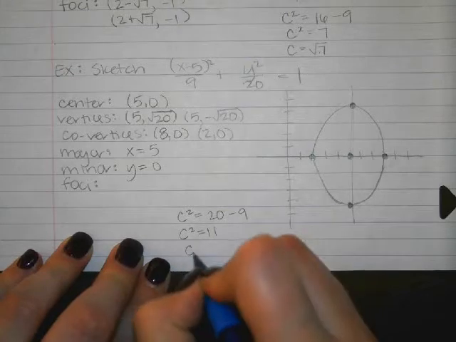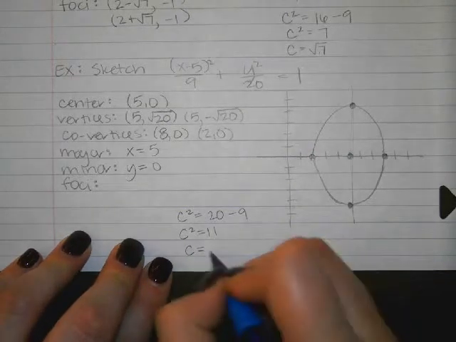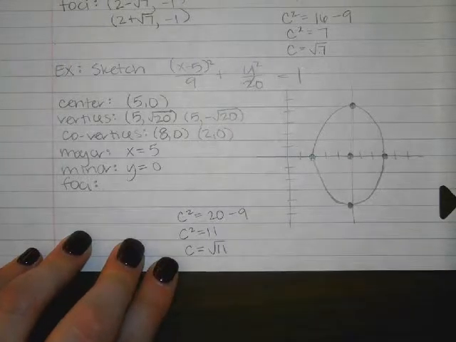So that means that C is square root of 11. And then, since we know that the major axis goes up and down, that means that each focus goes up and down. So we're going to start at the center and go up square root 11, and then start at the center and go down square root 11. So what would those points be?